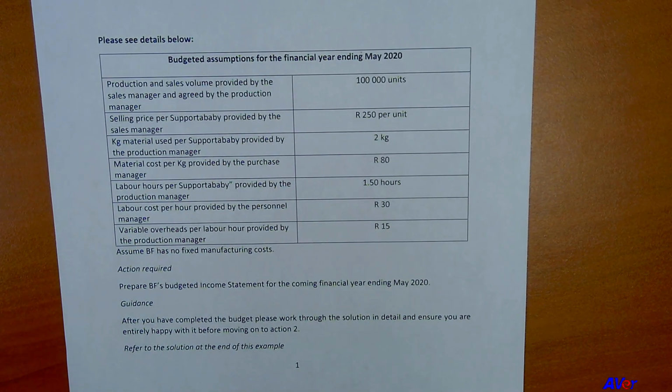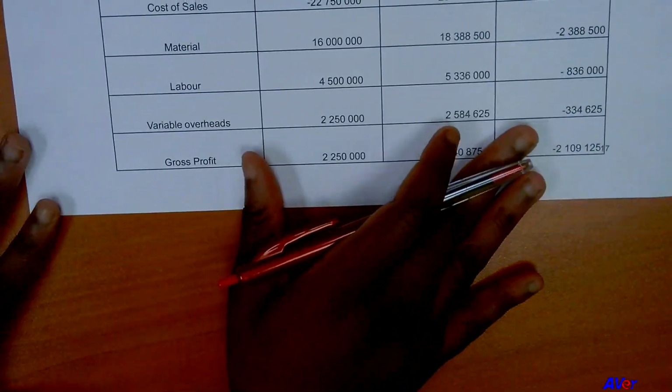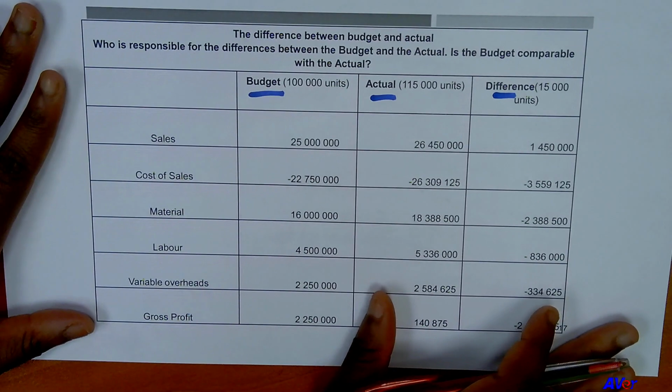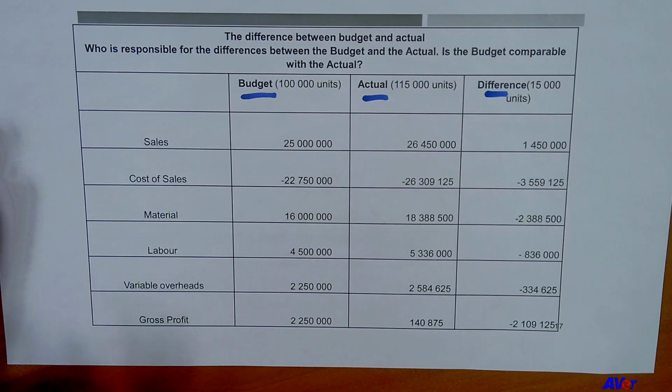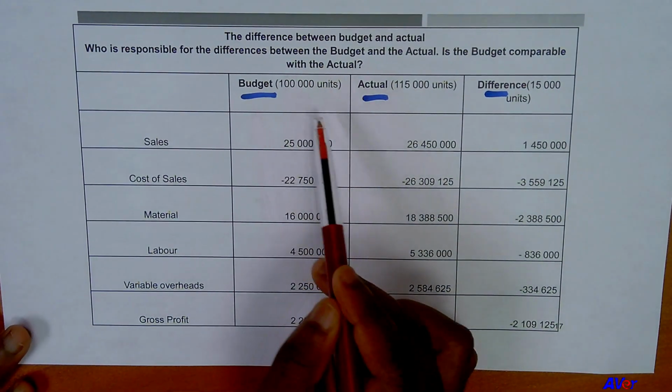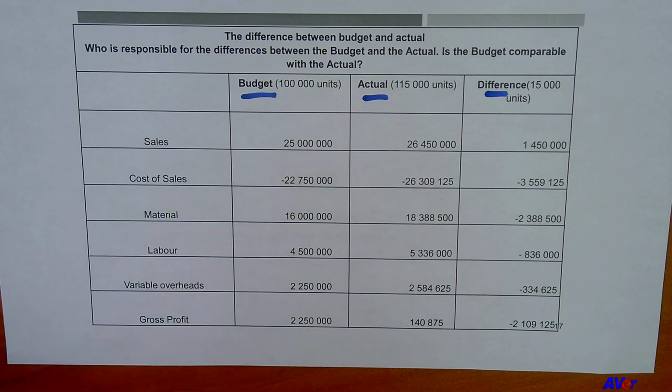So now the first thing here was for you to prepare a budgeted income statement for the coming year ending May 2020. You will see that if you have done this exercise, these are the values that you should be getting. So in you preparing your budget using 100,000 units as you've been given, you will get to the 25 million that you get there.